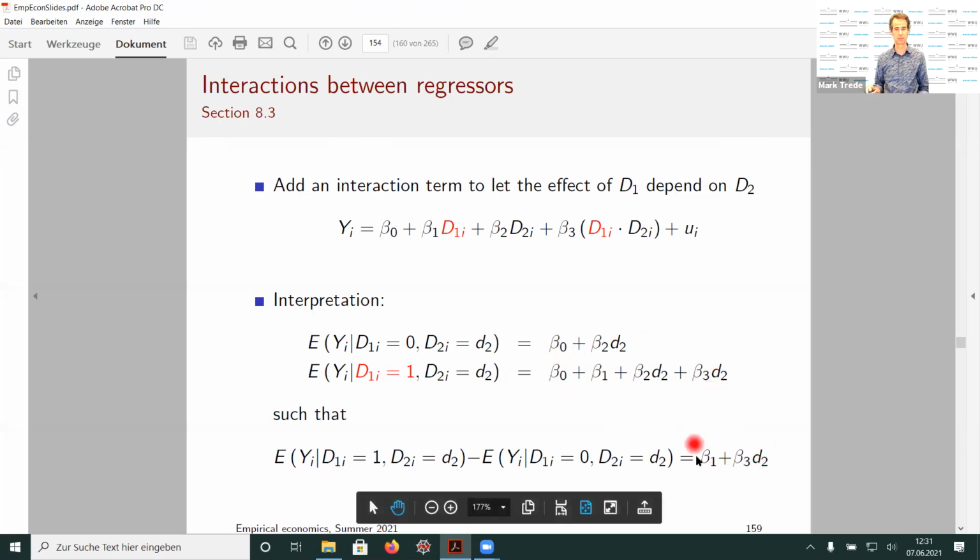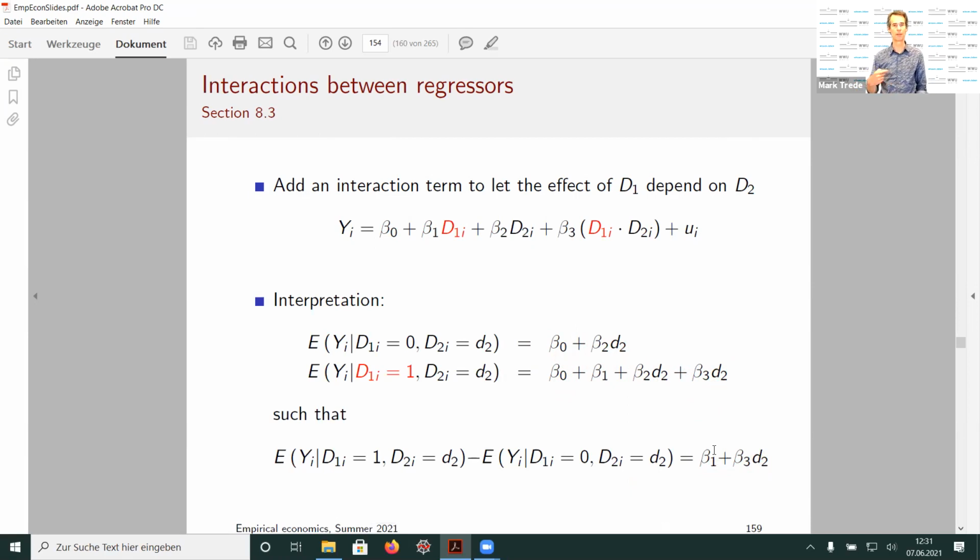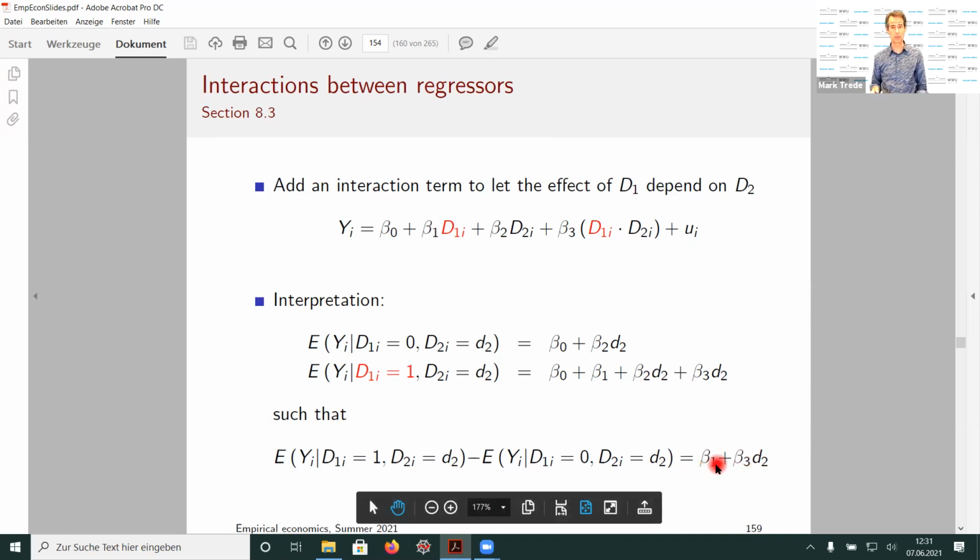Okay, so the difference between these two is beta 1 plus beta 3 times d2, which means that the marginal effect of a change in the first dummy variable on the endogenous variable is no longer constant. It's not beta 1, but it depends on the value of the other dummy variable, d2.